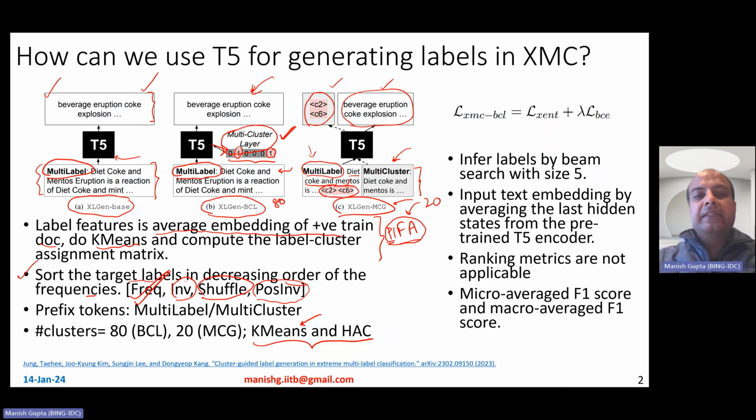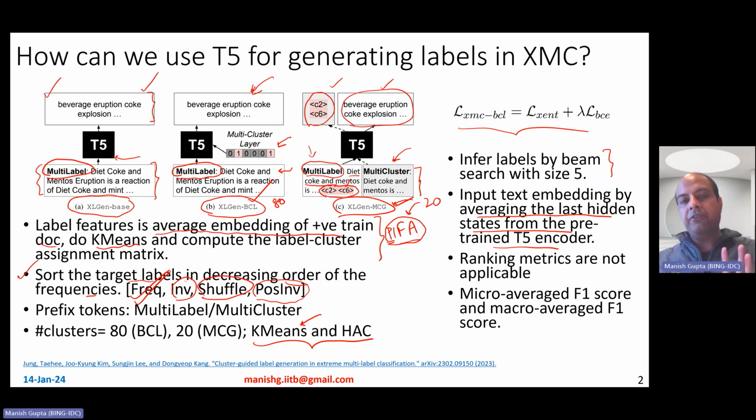In both of these cases, whether it is XLGen BCL or XLGen MCG, they train on both the cluster prediction task as well as the label generation task, and therefore the loss function contains two different parts. When they're generating things, they use beam search with size 5. And when they want to predict the multi-cluster output, they average out the last hidden states from the pre-trained T5 encoder.